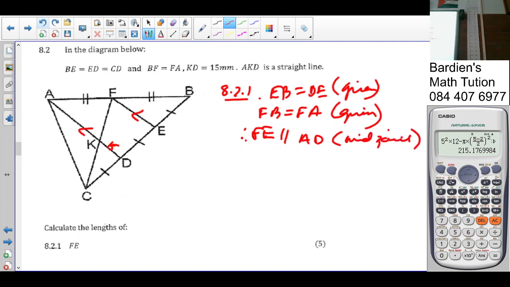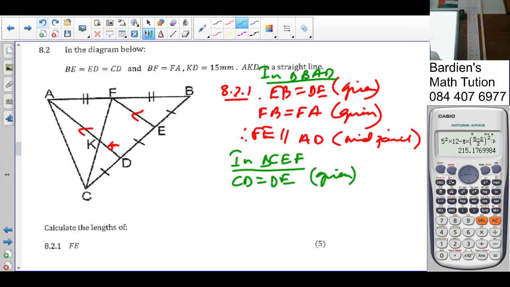Now we can say this was in triangle BAD. Now this is in triangle CEF. I can say that CD is equal to DE, that was given.